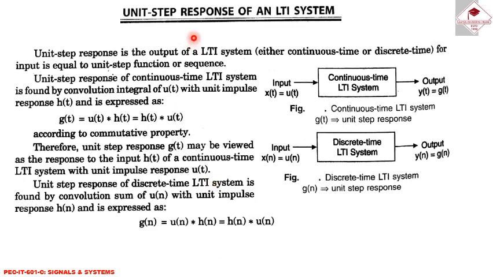Next is the unit step response of an LTI system. The unit step response is the output of an LTI system for input equal to the unit step function sequence. The unit step response of a continuous time LTI system is found to be the convolution integral of u(t) with the unit impulse response h(t), and it is expressed as g(t) equal to u(t) convolved with h(t), that is equal to h(t) convolved with u(t), according to the commutative property.